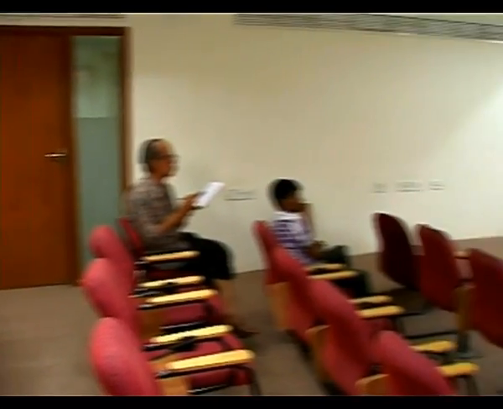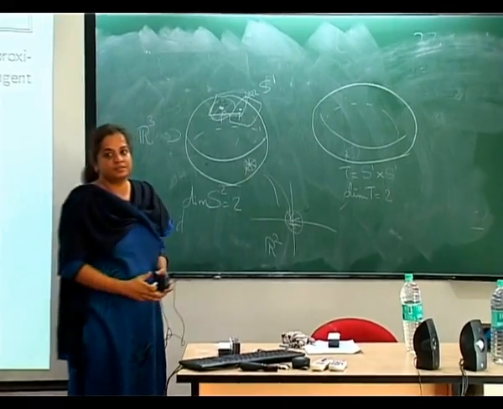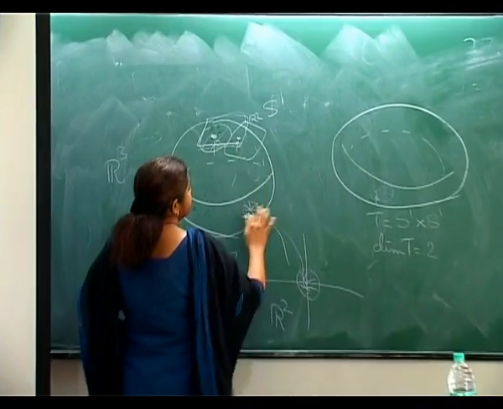So for example, I took this point P, so I get a plane R2, and now I can vary this point to P prime, so I get different planes. This is not the finite square, but actually the plane. So I can vary the point here, and I get a collection of vector spaces, all of them isomorphic to R2, at least in this example.